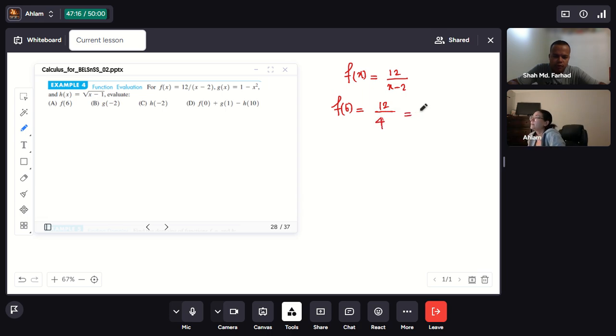Okay, that is 3. And then what about g of negative 2? We are given g of x equals 1 minus x square.